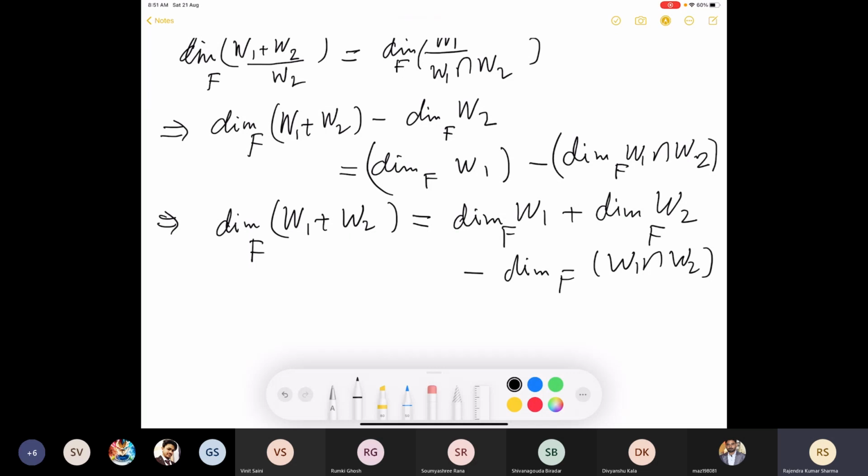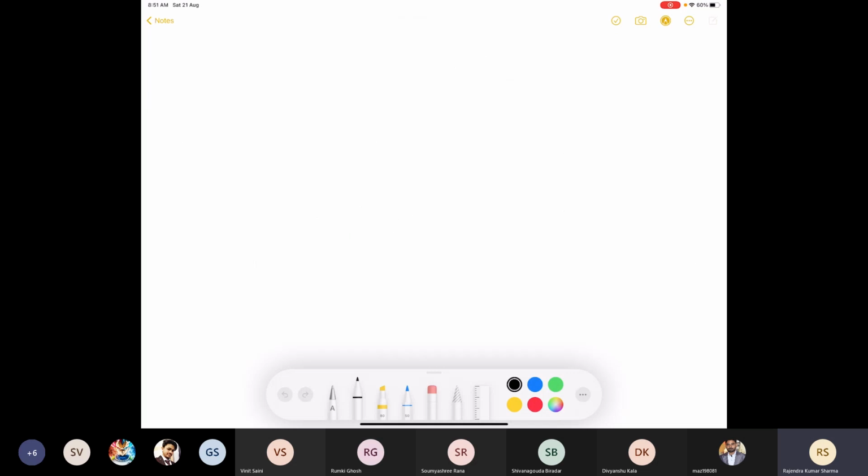Okay, some interesting vector spaces we want to see here. So what are called the dual spaces?